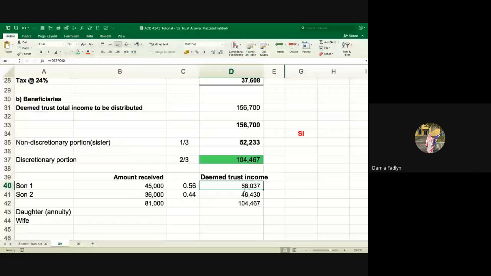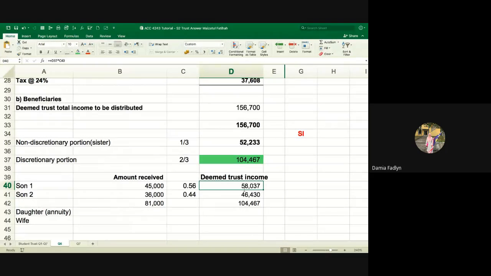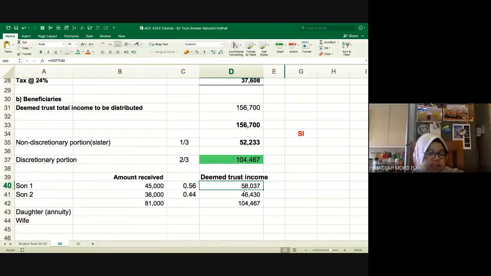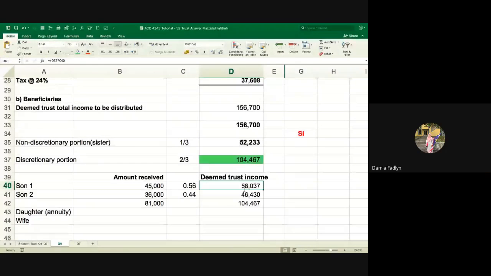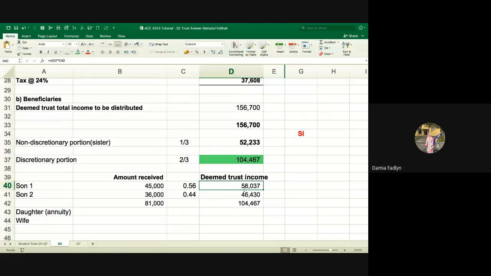Because if I use a calculator, I do 45,000 divided by 81,000 and get 0.555555. Then multiply by 104,467, I get 58,037.22. Right? How did you not get it? I made a mistake by just multiplying the decimal with 104,467, but if I do the same using a calculator, I get the same figure, because it is 0.55555.